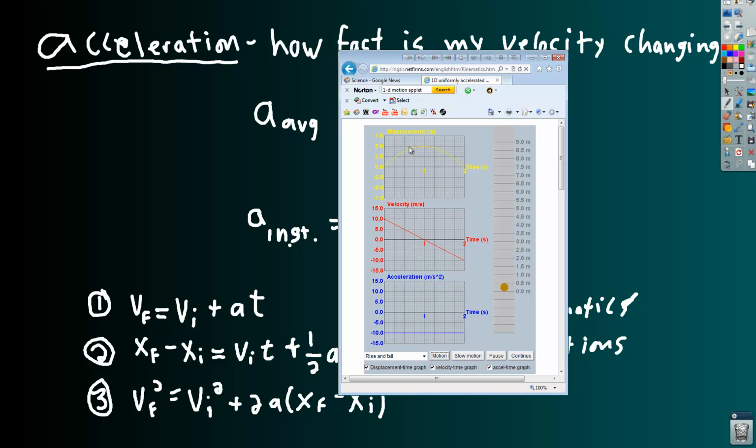It would have a positive slope, and if you calculated that slope, it would give you a value of positive 8 or so, right?